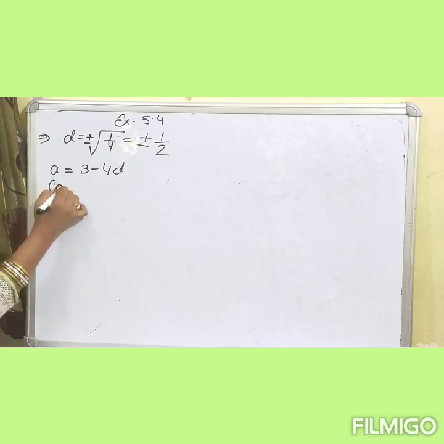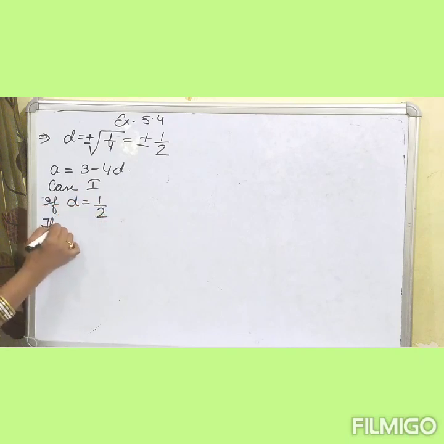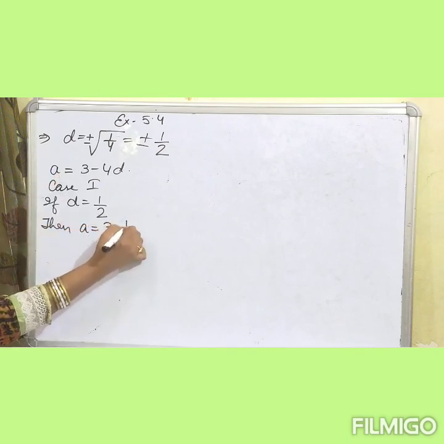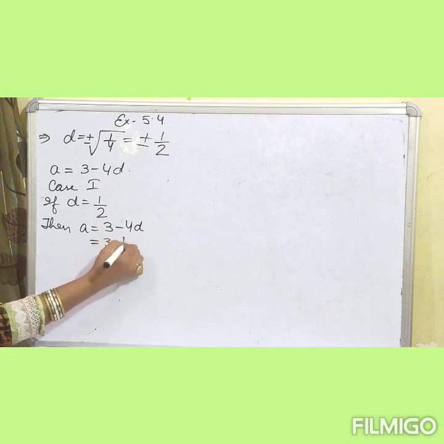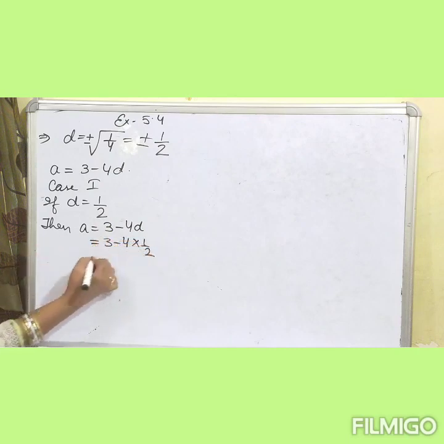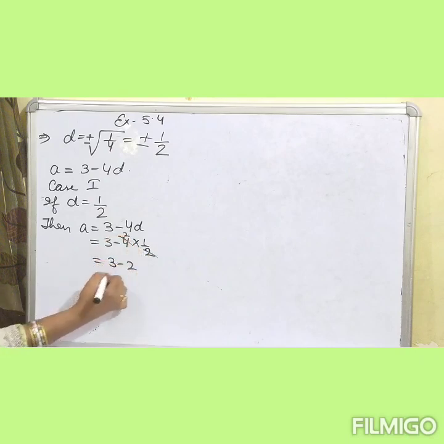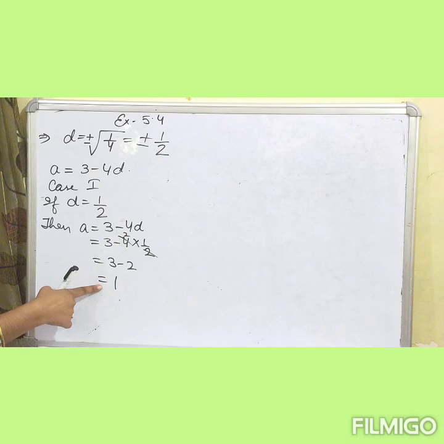So case 1: if D is 1 by 2, then A is 3 minus 4D, so A equals 3 minus 4 into 1 by 2, it will cancel out, and 3 minus 2 is 1. Means when D is 1 by 2, we get A as 1.